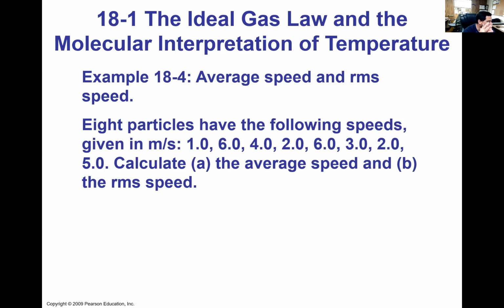Well, let's take a look at an example where we're not given the gases, but we're given a data set of speeds. They want us to determine the average speed and RMS speed of 8 particles that have the following speeds: 1, 6, 4, 2, 6, 3, 2, and 5 meters per second.